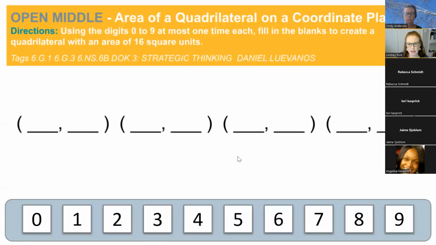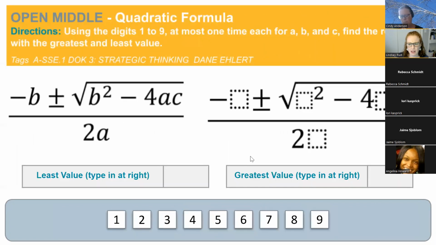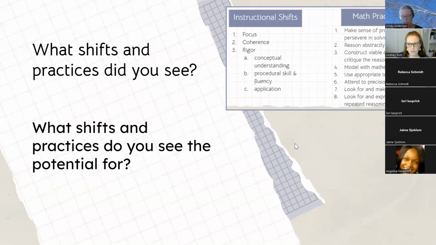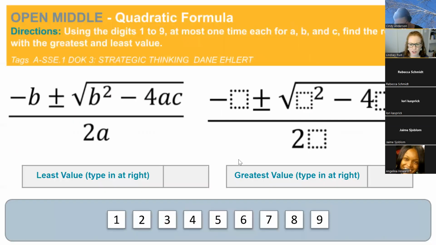Yeah, I think so. And I think students would also need to look for and make use of structure. You could probably make a case for all of them, but looking for and making use of structure, that example of where should a larger number go versus a smaller number if I'm trying to get the greatest value? Or where should they go if I'm trying to get the least value? That's a structure thing.